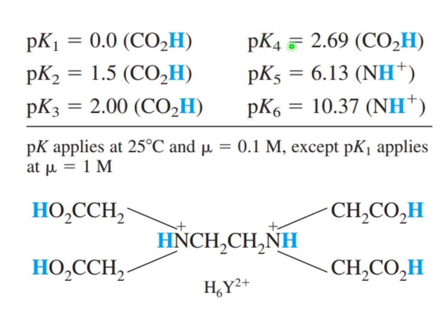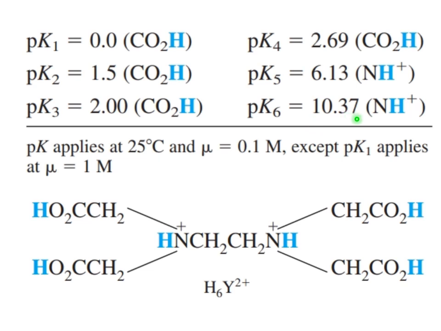Now, if four protons are dissociated, you still have two of them left, so you have a 2 minus ion. After that, at pH 6, one of the nitrogen protons goes, and at pH 10.37, the very last proton goes from nitrogen.